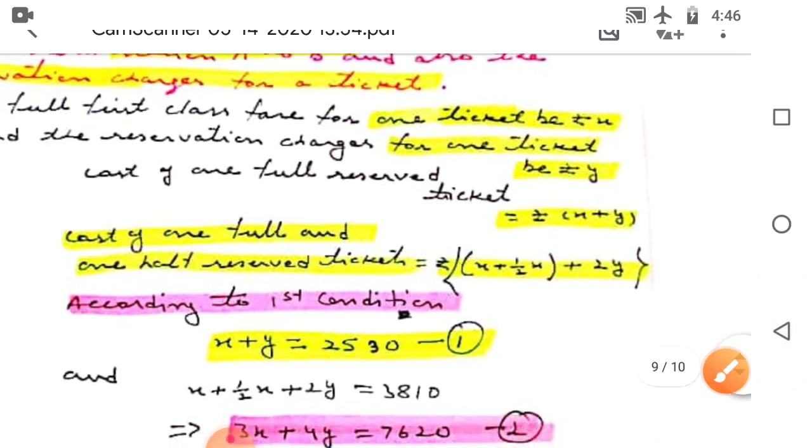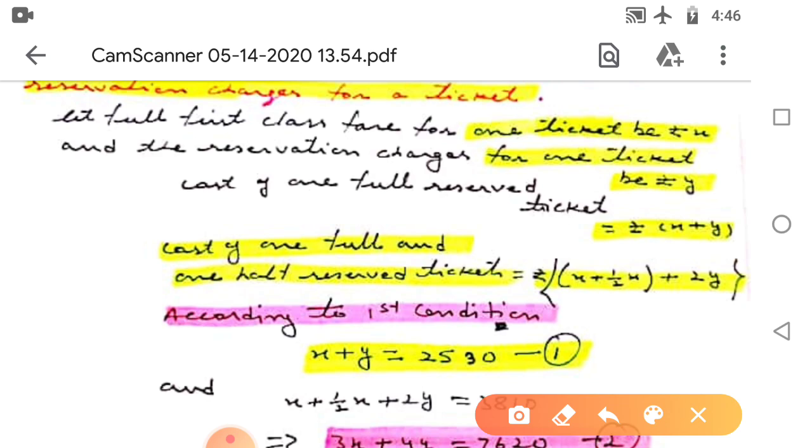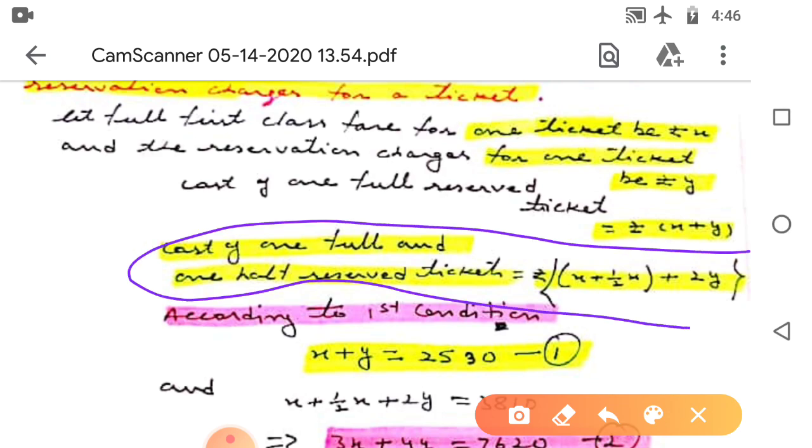Now the important part is this. Look here. Cost of one full and one half reserved ticket. So one full is X rupees, any issue? Half is 1 by 2 x, x by 2.